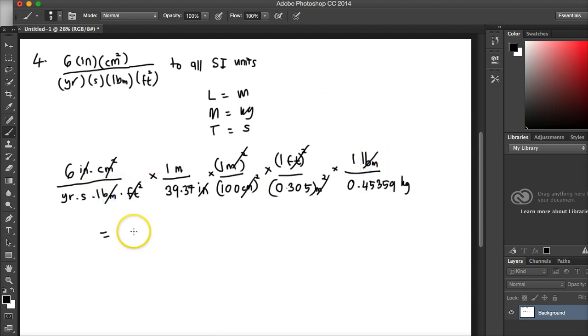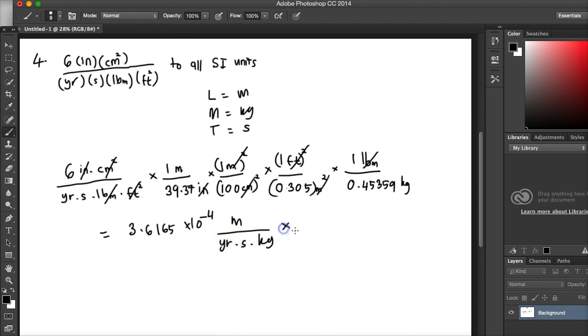So the value so far is 3.6165 times 10 to the power of minus 4 meter per year, seconds, and kilogram. So now we have the length in SI, the weight in SI, and now we just have to convert year to the SI unit, which is second.